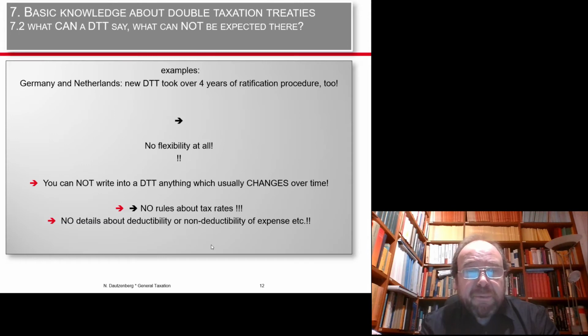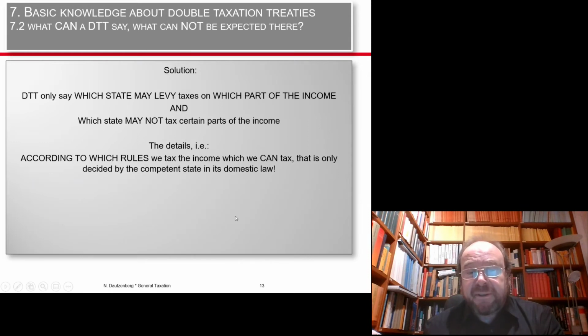Such a rule is impossible for a treaty because you might feel the need to change the 70% to 60%. And that would be absolutely impossible without rewriting 90 different treaty texts. So, simply impossible. No details ever possible in a double taxation treaty.